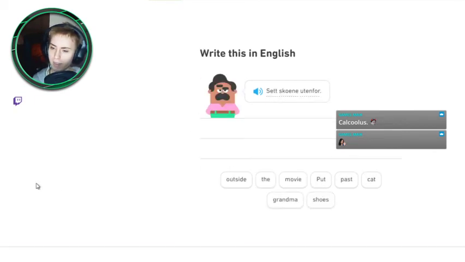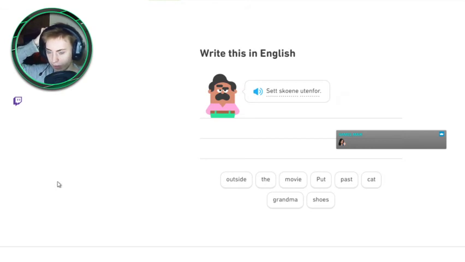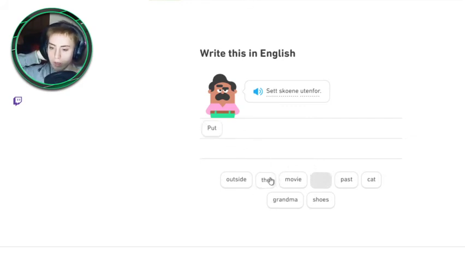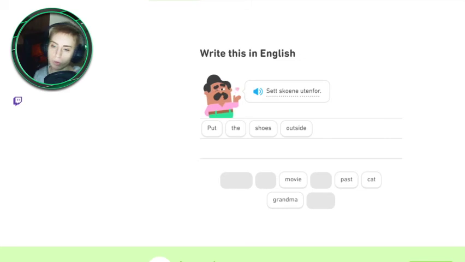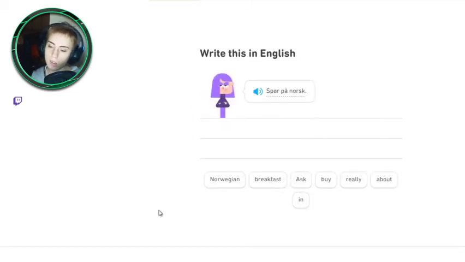Sett skoene utenfor. Set the shoes outside. Put the shoes outside. Spør på norsk. Something in Norwegian.